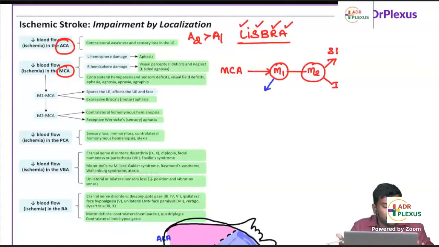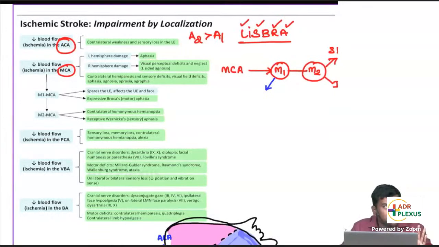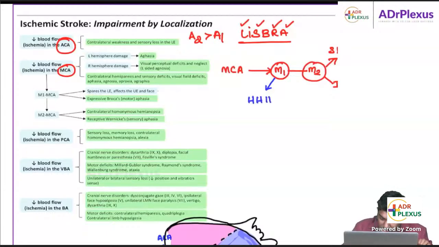Someone can tell me what clinical feature the patient is going to have, which we call triple H. What is the triple H? The patient is going to have hemiparesis, hemisensory loss, homonymous hemianopia with facial nerve palsy.